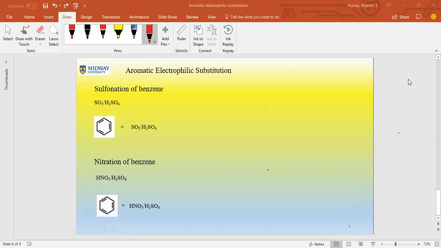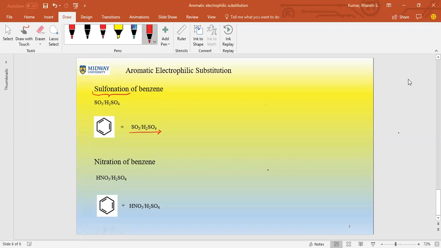The first of them is sulfonation. Sulfonation is when sulfur trioxide reacts with sulfuric acid. This is how you would probably see your reaction written on an exam, a quiz, a homework, or a practice worksheet.